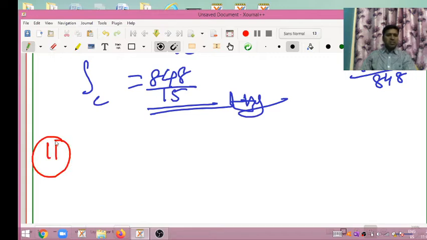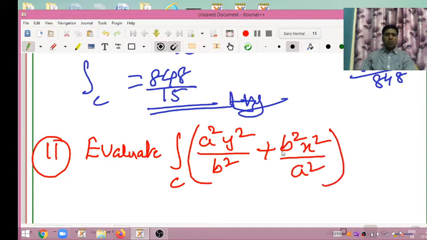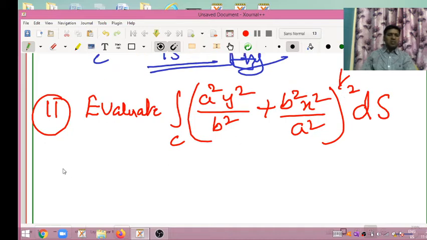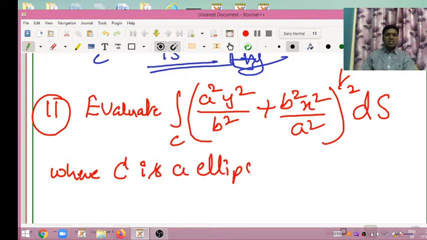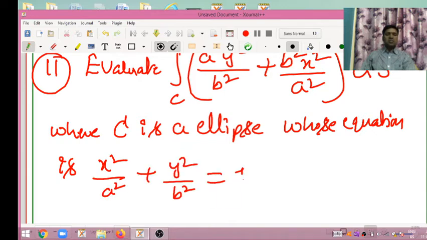See here, this is the 11th question. Evaluate the integral over C of (a square y square by b square plus b square x square by a square) whole to the power of 1 by 2 into ds, friends, where C is an ellipse whose equation is x square by a square plus y square by b square is equal to 1, my dear friends.